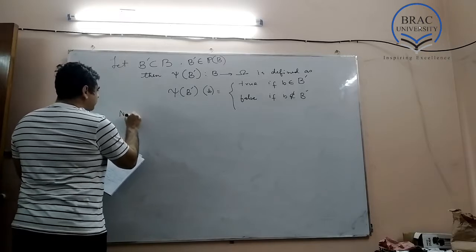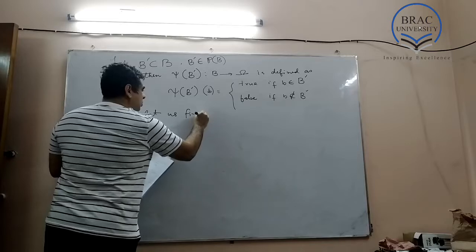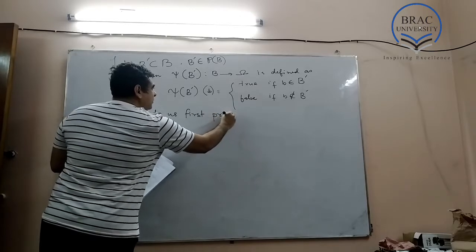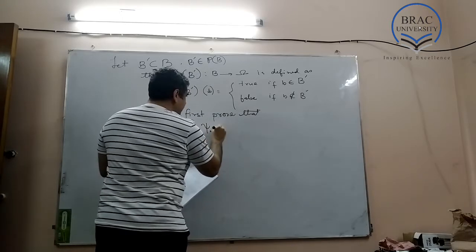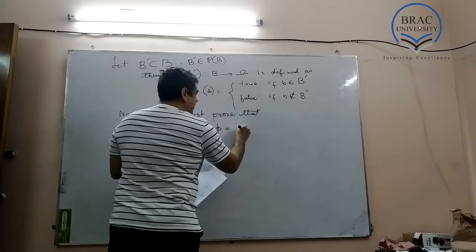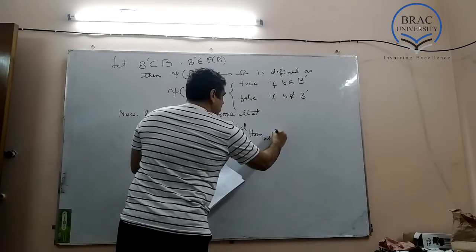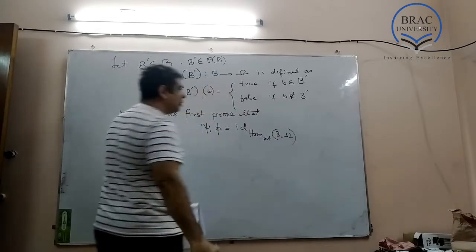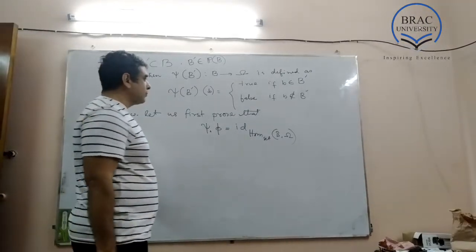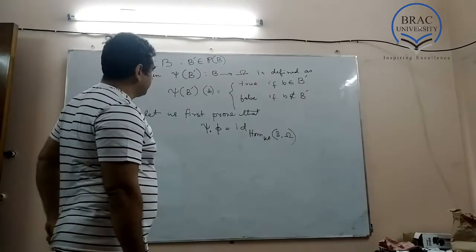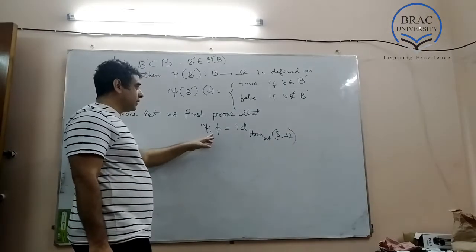Let us first prove that psi coupled with phi is an identity map on the Hom set from B to omega. Okay, this is the first step of proving the fact that phi is indeed the inverse of psi.